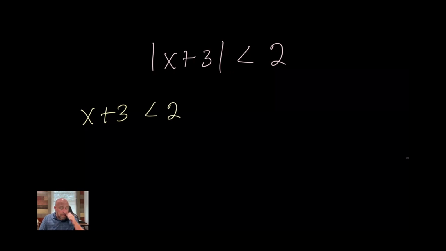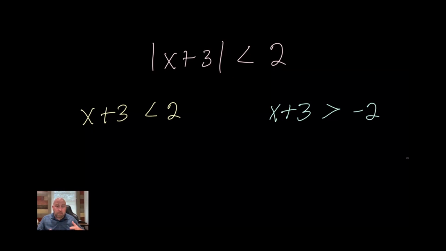So that's the positive side of it. And then we're going to make the other one be the negative side of it. So how do we do the negative side? Remember, we flip the sign and we make the constant the negative. So over here, I'm going to end up with x plus 3. And then we're going to flip the sign and it's going to be negative 2.